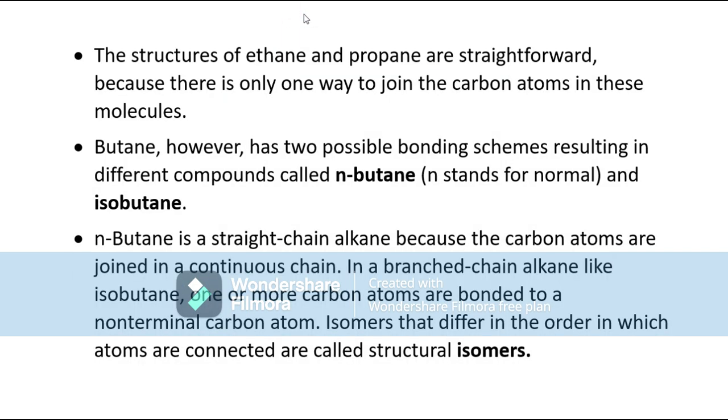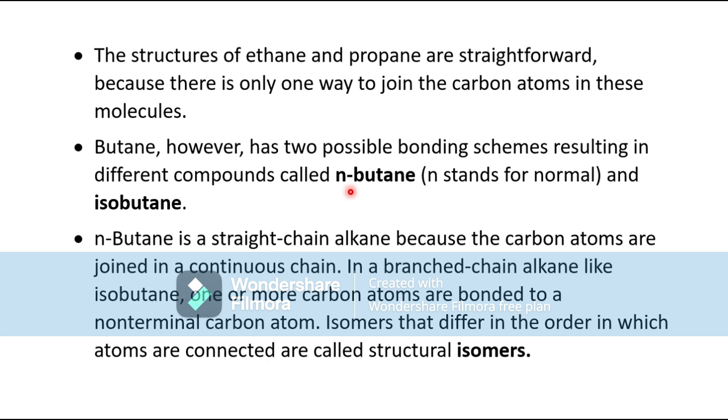The structures of ethane and propane are straightforward because there is only one way to join the carbon atoms in these molecules. Butane, however, has 2 possible bonding schemes, resulting in different compounds called n-butane, where n stands for normal, and isobutane.